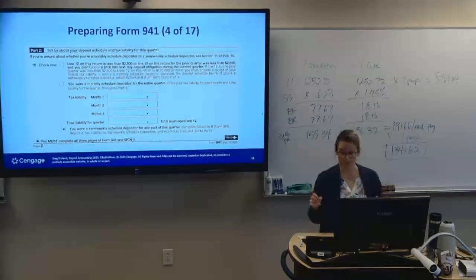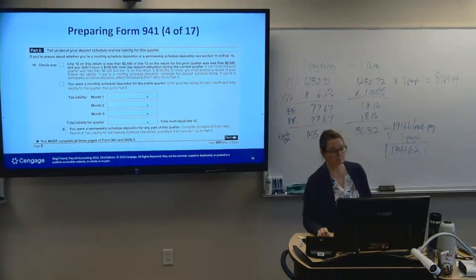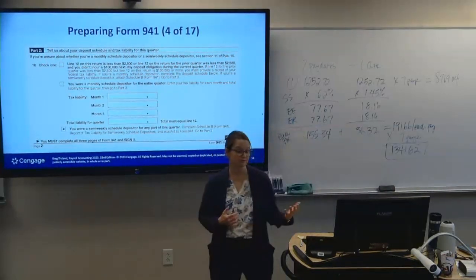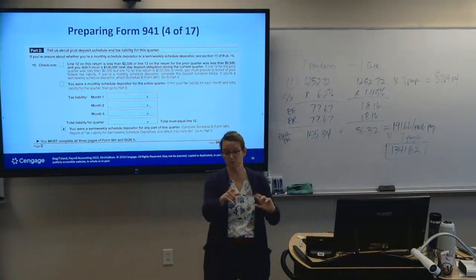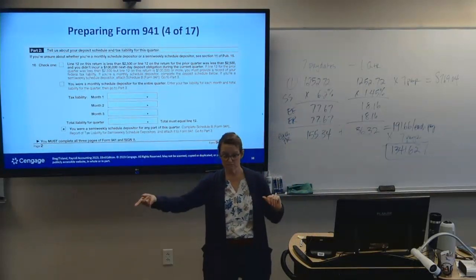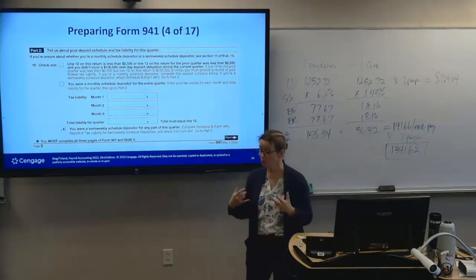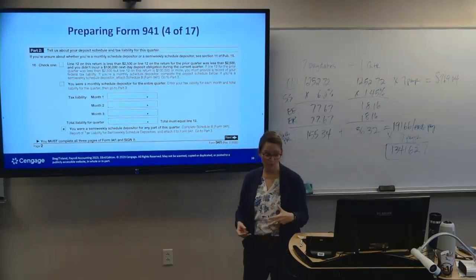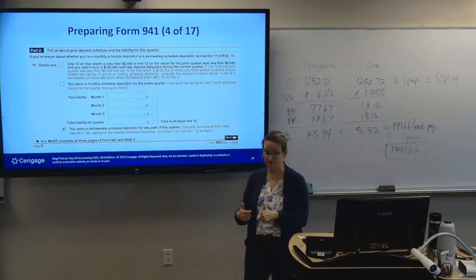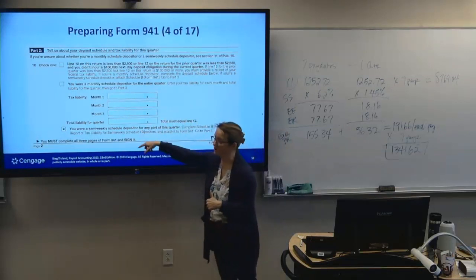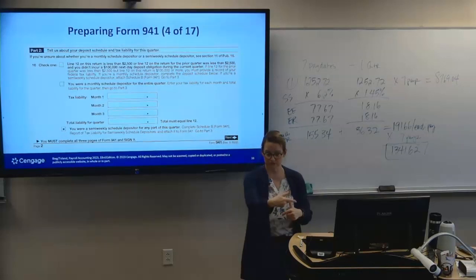That applies if the IRS told you you're a semi-weekly depositor, meaning we deposit on a certain day of the week, or if we have a next day requirement because we incurred over $100,000 of payroll tax liability. Then we would check this box and fill out this additional schedule.